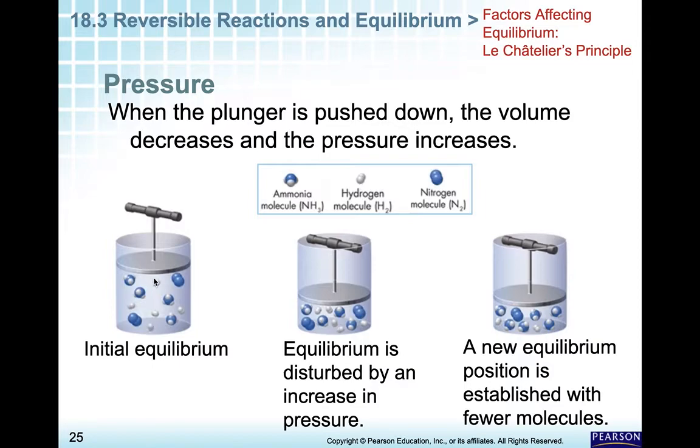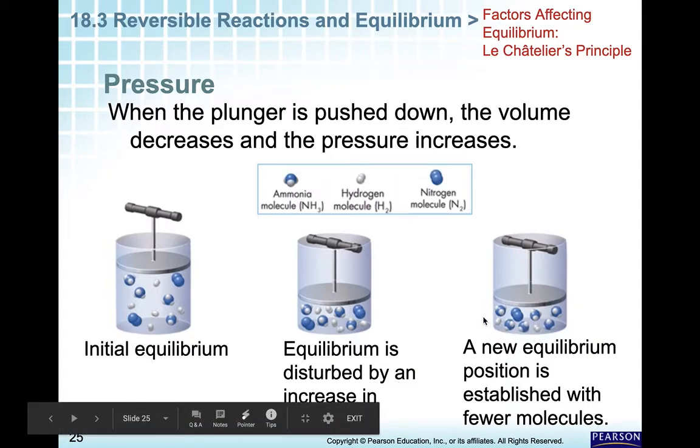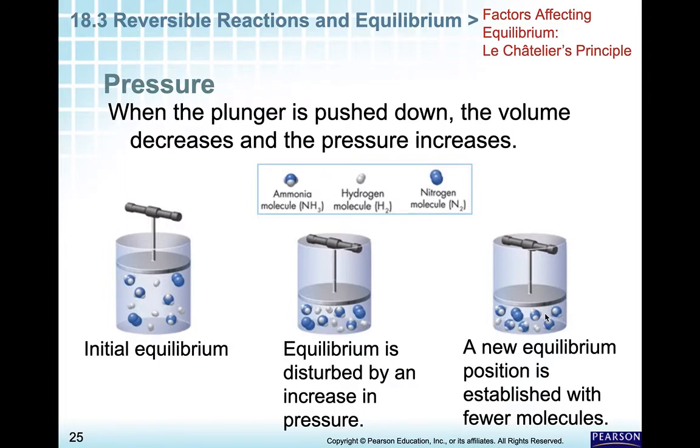So here we've got our initial equilibrium, and when we push this plunger down, our volume decreases, which means our pressure must be increasing. As a result, the system wants to decrease the pressure, and to do that, it's going to have to decrease the total moles of gas that are there.